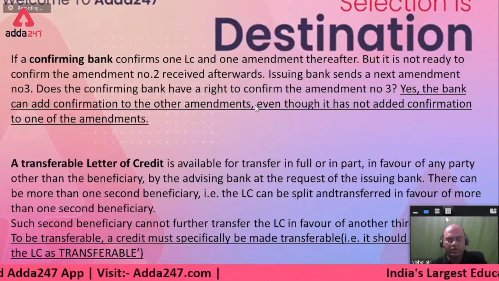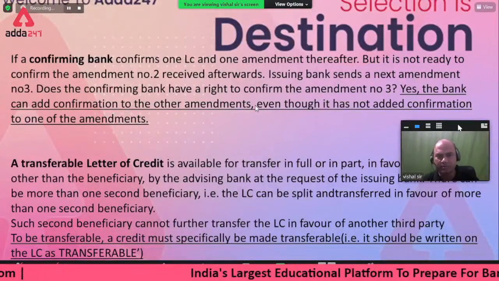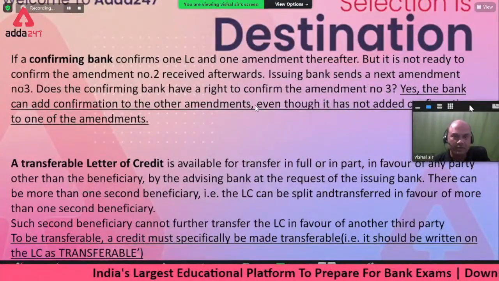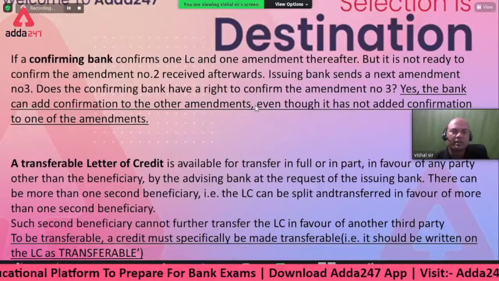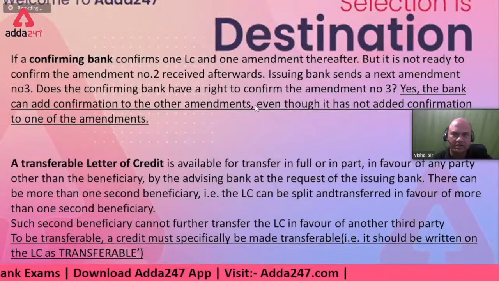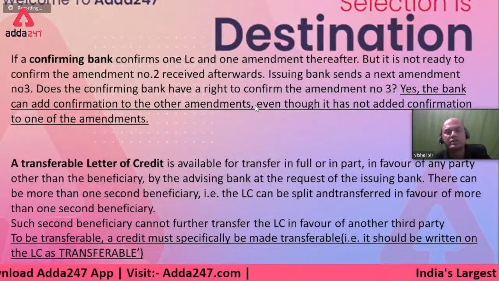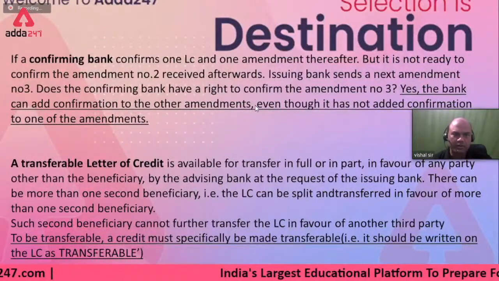Every LC has the guarantee of payment from the issuing bank, subject to presentation of complying documents, right? And if there is no force majeure. What is force majeure? That also we have seen earlier, but if possible, we'll study it in the last slide over here.